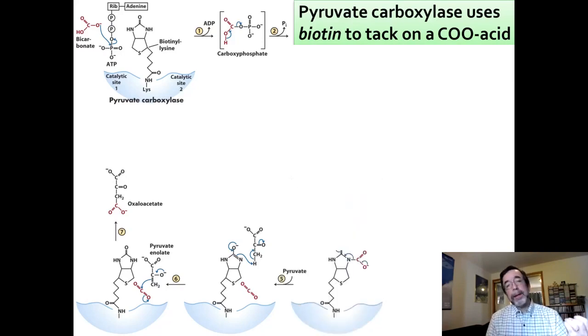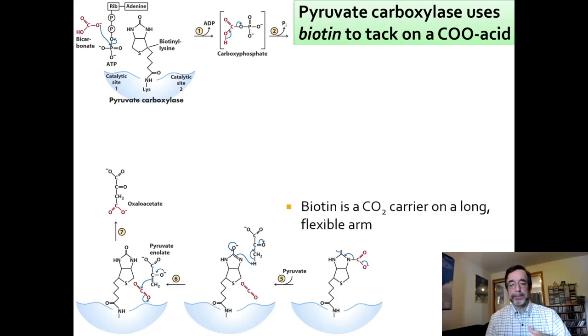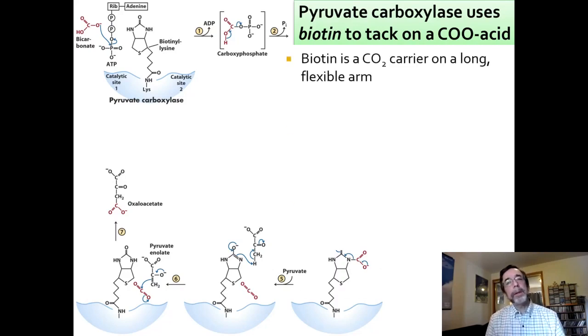So realize that the pyruvate enolate form is very crucial to this because it makes the CH3 into an active chemical agent. So biotin's really a CO2 carrier on a long flexible arm. When CO2 is bound to it, it is activated so it can go on to something else.